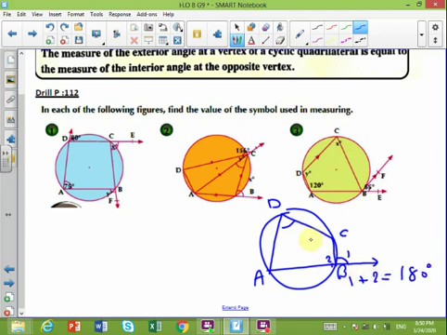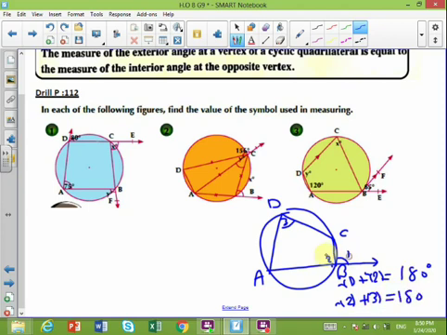At the same time, this is a quadrilateral, so the sum of the two opposite angles is supplementary. So the opposite angles are supplementary, so if I name it 3, angle 2 plus angle 3 will also be 180.